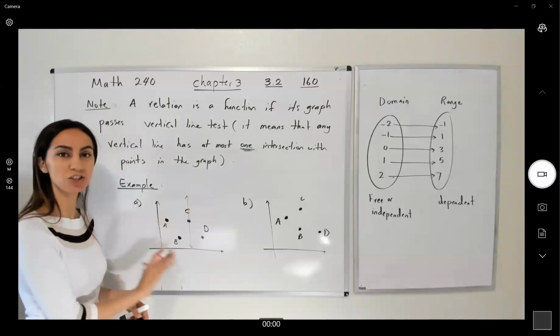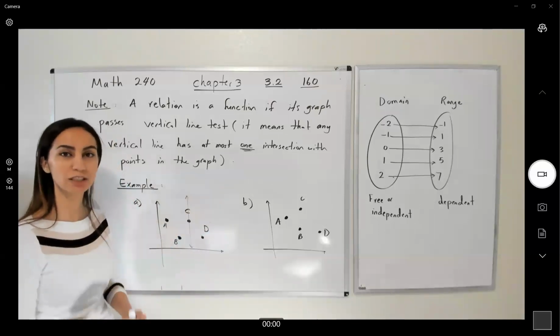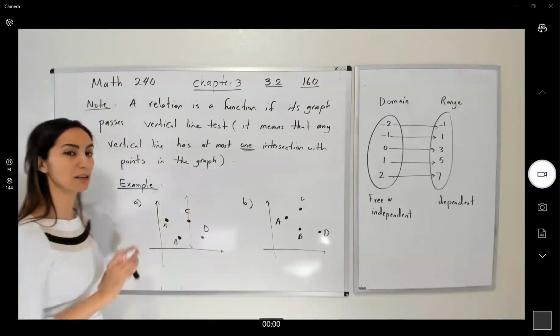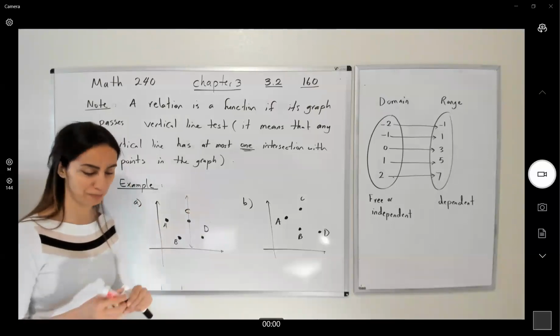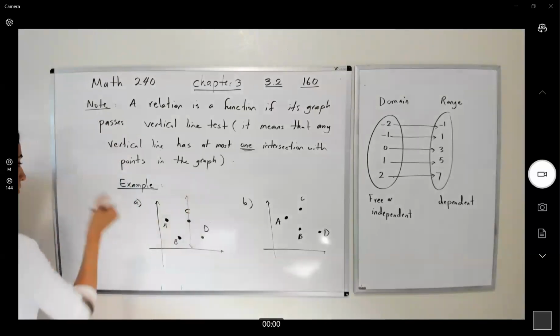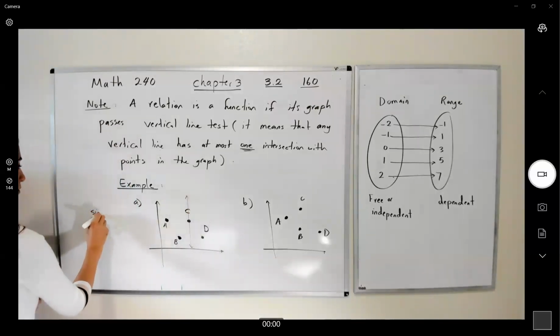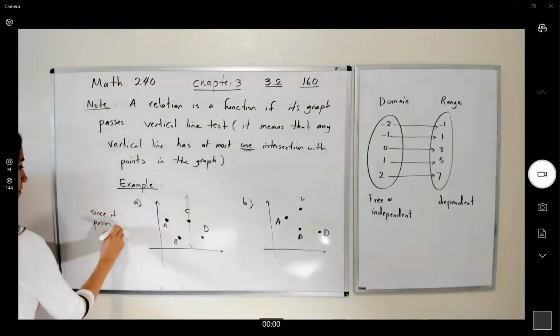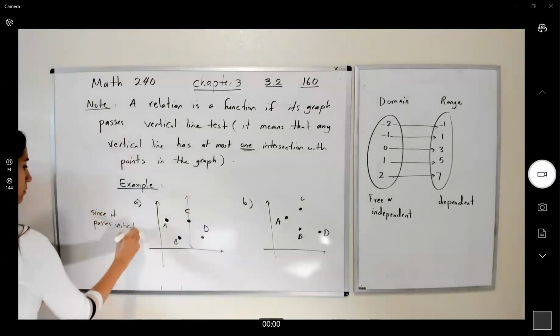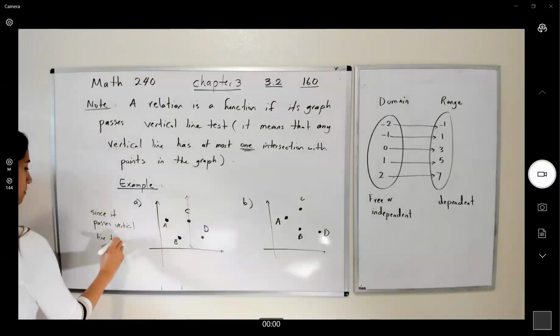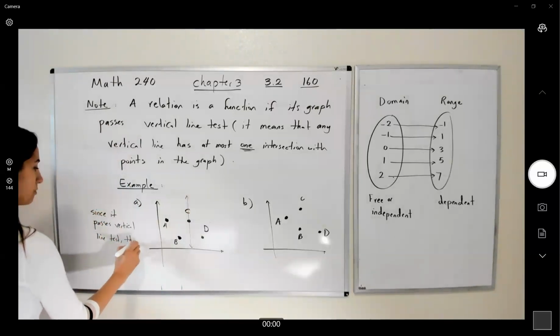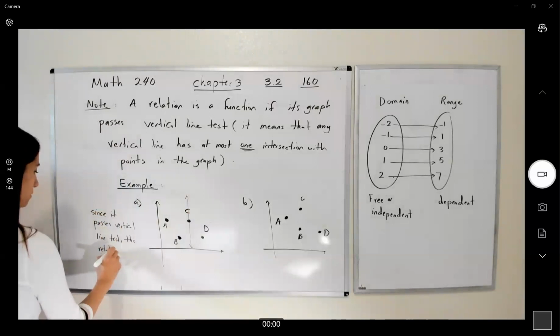So this relation passes the vertical line test, and since it passes, this relation is a function.